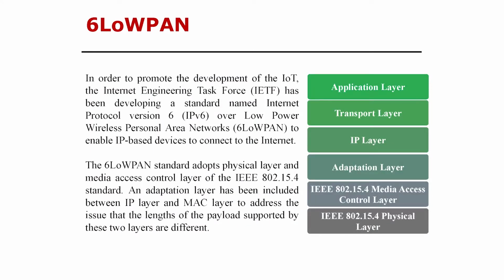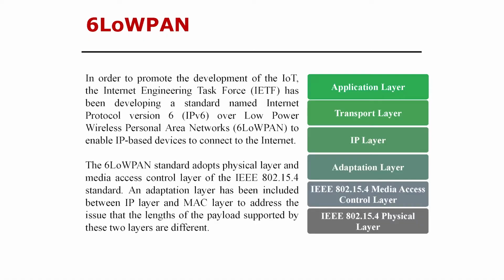IPv6. So in fact, this system has a physical layer specified by 802.15.4, the same for the medium access control layer, and one special thing is the adaptation layer to get connection between IPv6 and the MAC layer and the physical layer of the big ZigBee.